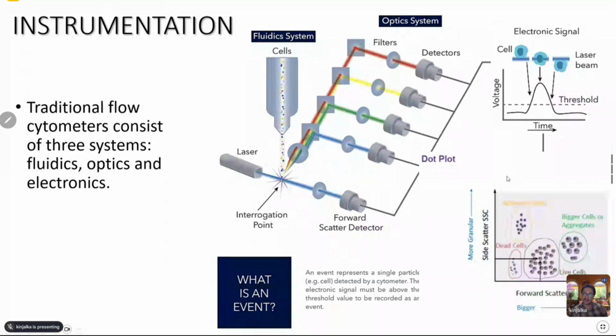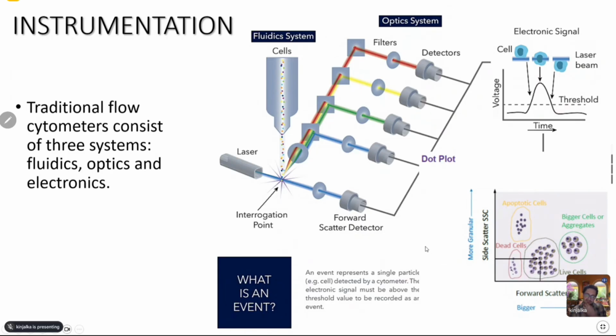As you go up, the side scatter is increasing. As you go towards the right, the forward scatter is increasing. That means these cells are going to be larger than the cells towards the left. As you go up, you will realize that these cells are more granular or more dense. Light doesn't pass through. You have apoptotic condensation of chromatin and those kinds of things, where the cells are scattering more light towards the side.